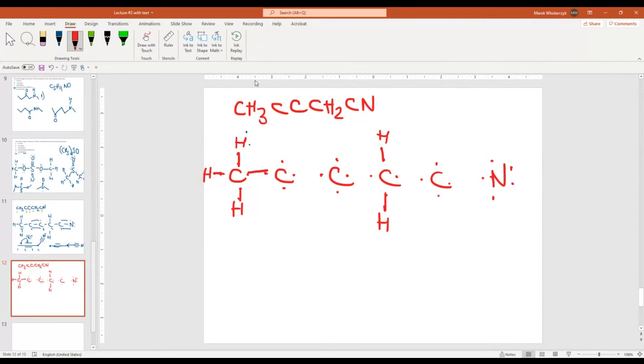Then we also know that carbons 2, 3, 4, and 5 are connected in a linear fashion. So carbon 3 and 4, and 2 are connected, 3 and 4, 4 and 5 are connected, and carbon 5 and nitrogen are also connected.